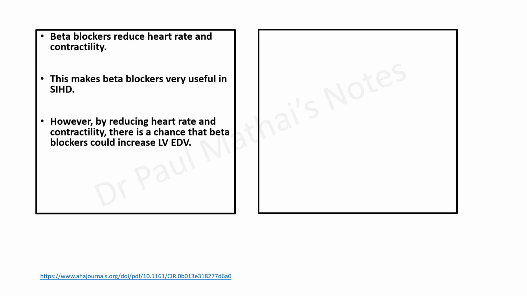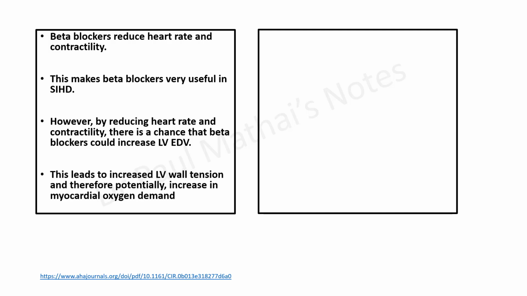However, by reducing the heart rate and the contractility, there is a chance that beta blockers could increase the amount of blood in the left ventricle at the end of diastole, that is the left ventricular end diastolic volume. This can lead to an increased left ventricular wall tension and therefore potentially an increase in myocardial oxygen demand.